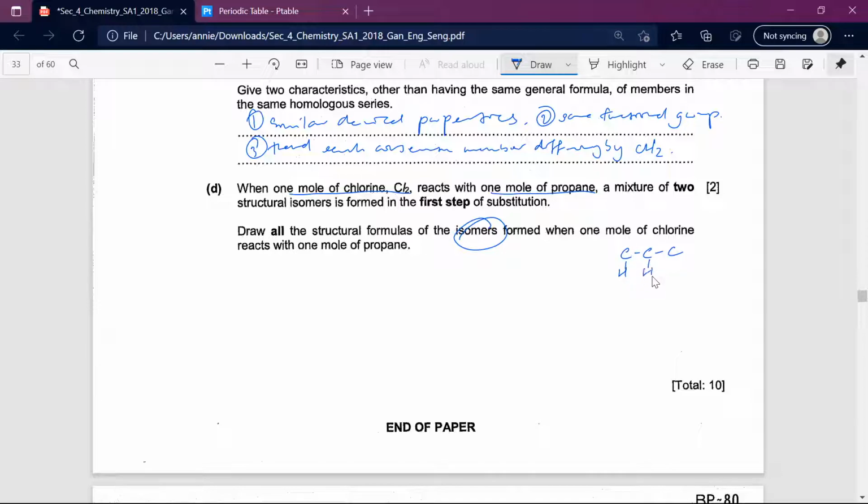Okay, it has 3 carbon atoms, and we draw the whole thing out like this, and then chlorine is here. So this is a substitution reaction, right, where one of the H is replaced by a Cl. So let's draw this.